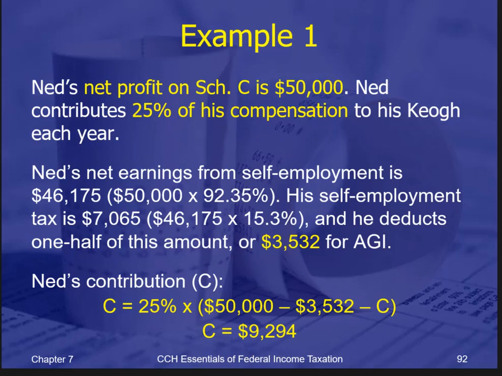So it's not going to be just 50,000 times 25% in this case. It's going to be less than that because of those other deductions that you have to consider.